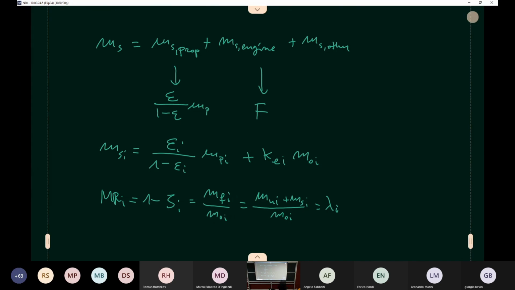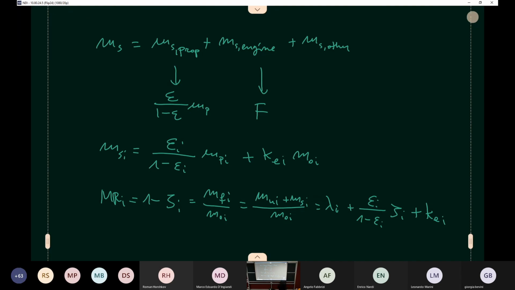And then we have this m_s that will be now expressed, the first one in terms of propellant, so through the propellant mass fraction, and the other term is just proportional to m0_I, so it's simplifying, it will leave only k_E_I.